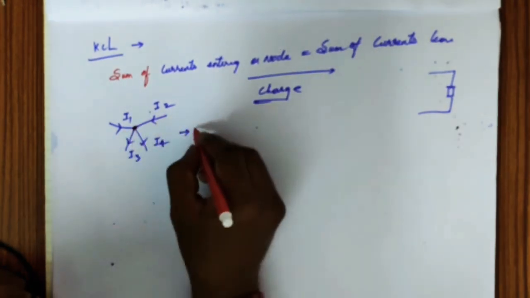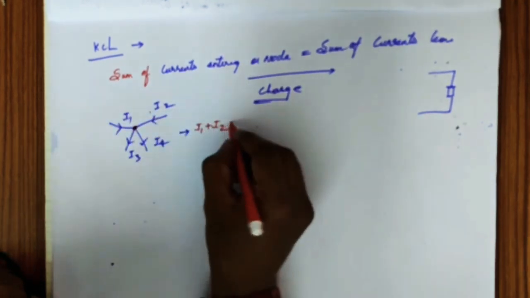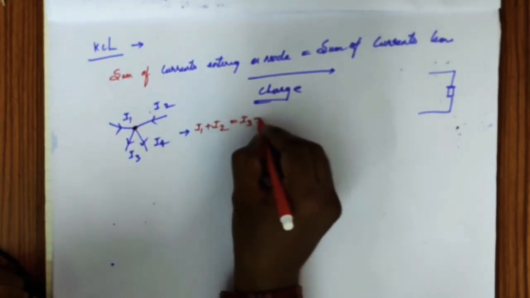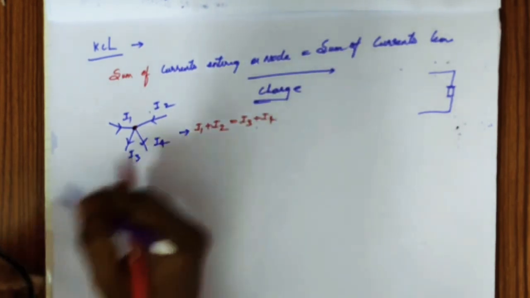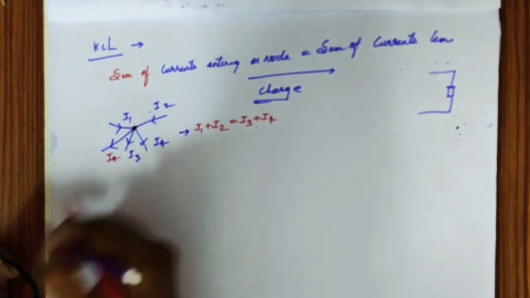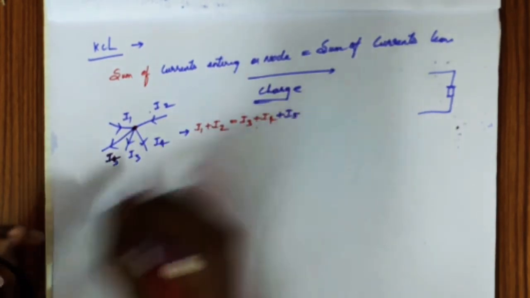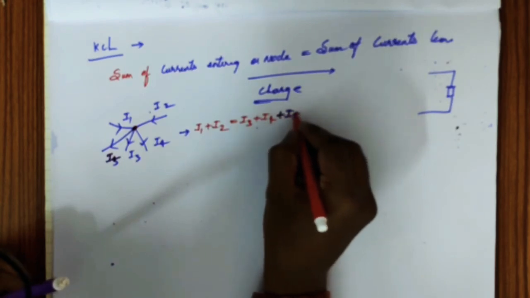I1 plus I2. The addition of two currents equals the currents leaving. For example, if you take another branch, in this also your current is leaving. If you assume that current is leaving, let us say this is I1, that is called I. So this is about KCL.